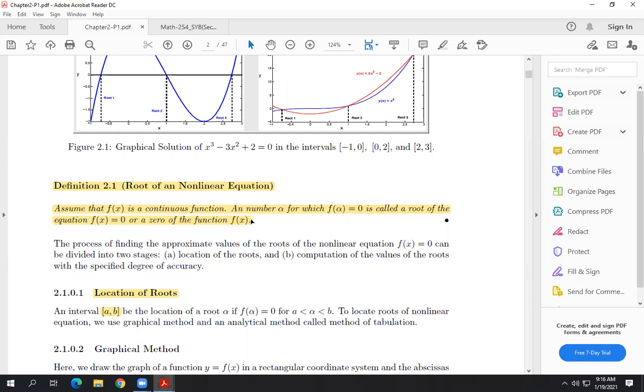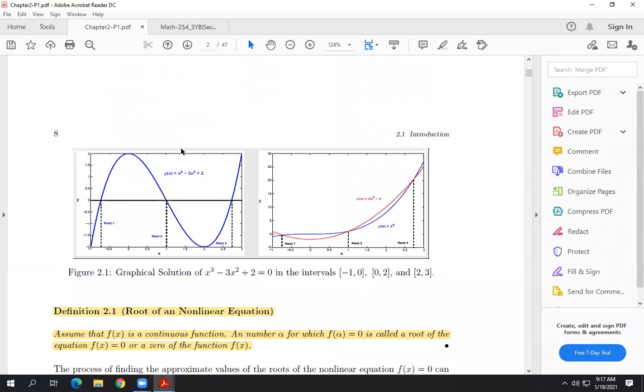We have to find the root or solution of the nonlinear equation. A solution of the nonlinear equation means a number such that when we put it into the equation, the left and right sides are equal, that is, f equals 0.